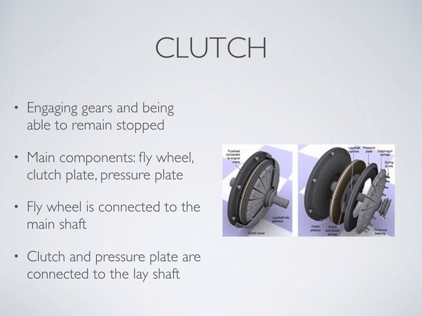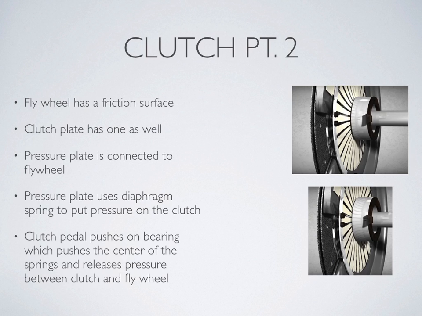So how does this work? The flywheel is connected to the main shaft, which is coming straight from the engine, and that is constantly turning with the engine. On its surface, it has a high friction material, and so does the clutch plate.